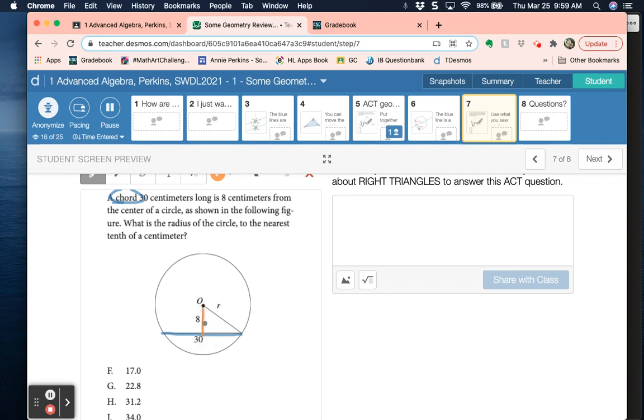And because of the way it's set up, you should be able to see that this is just like screen 6, and therefore that is a 90-degree angle. We can also tell that this section right here is going to be 15 centimeters because it is half of the whole distance of that chord.